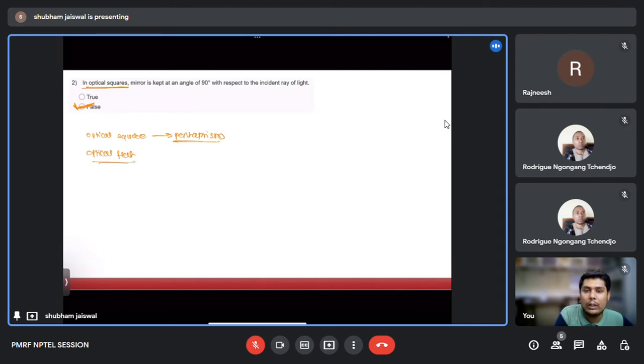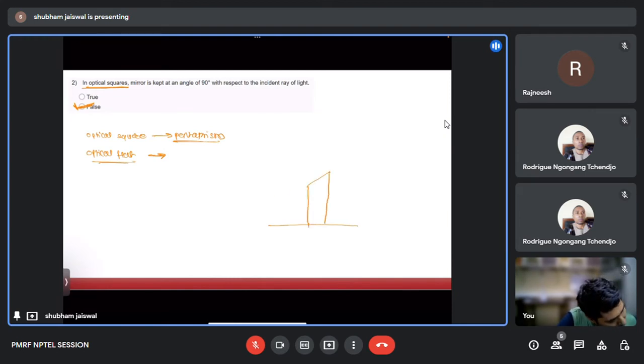In the optical flat we use very highly finished glass or quartz, whose surfaces are flat, and that too with a high degree of flatness. If we use the optical flat or surface mirror, what will happen? Here you can see I have one inclined surface.